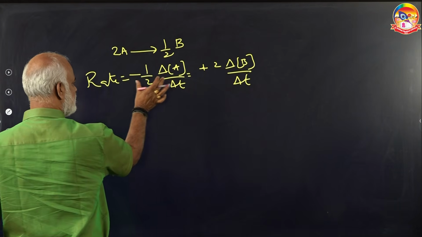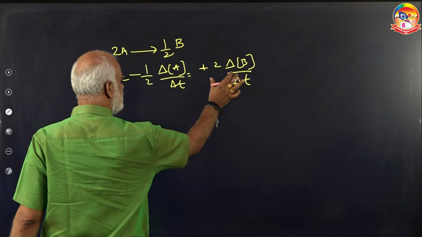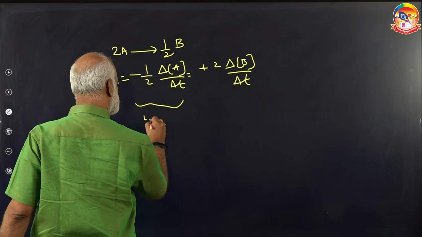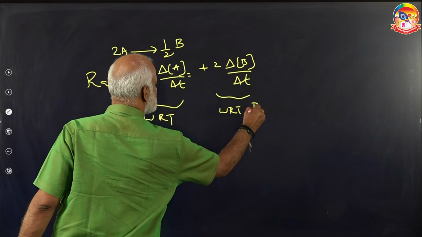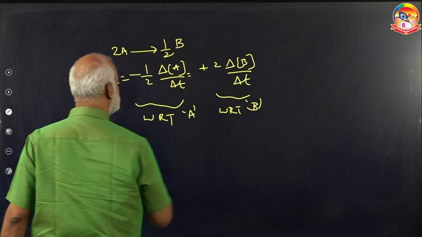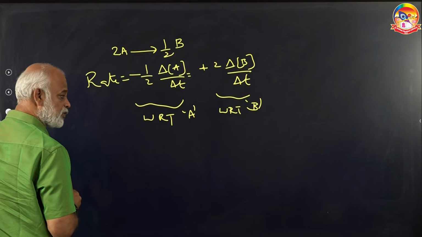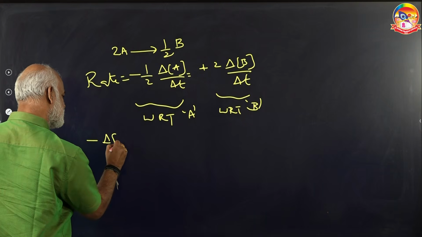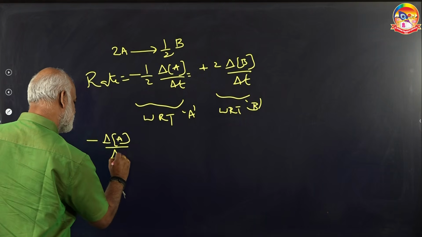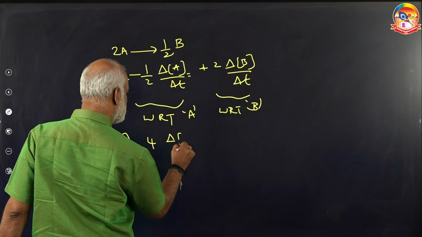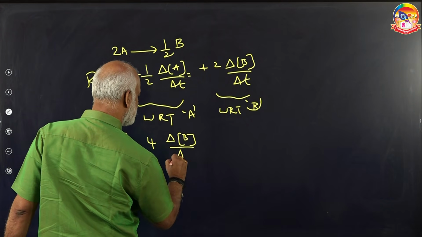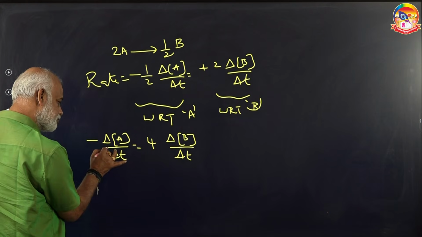This is the rate of reaction, the rate with respect to A, and the rate with respect to B. But the question is, what is minus delta [A] by delta t, which is equal to 4 times delta [B] by delta t? What does it mean?